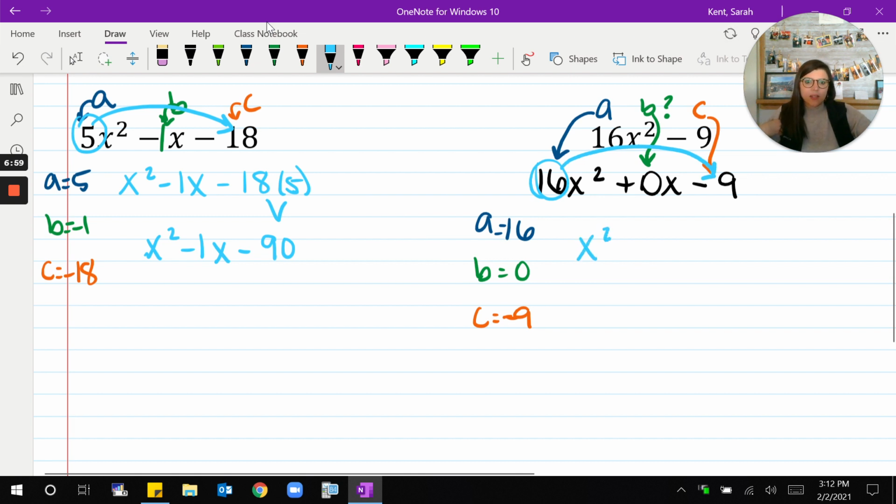So we would get x squared plus 0x minus 9 times 16. And what is 9 times 16? We'll get 144. So it's x squared plus 0x minus 144. I'm bringing this minus down from before.